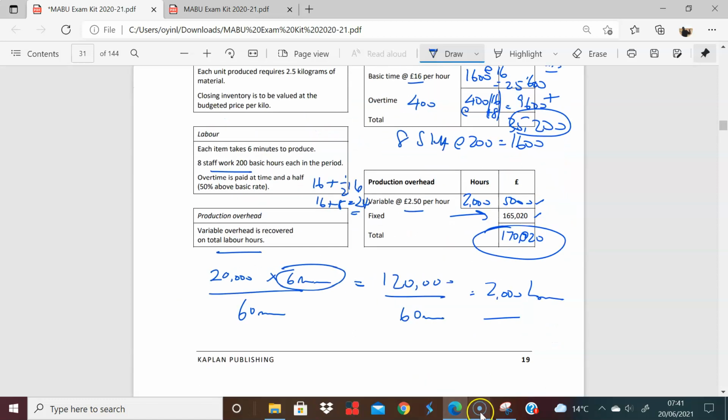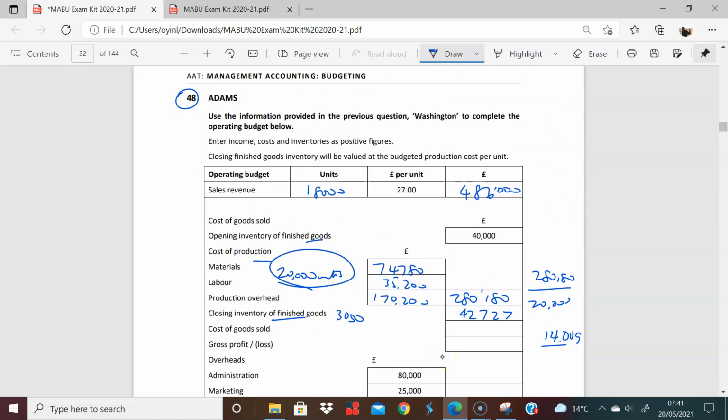It's 170,020. Forgive me, this felt a little bit off. 74,780 plus 35,200 plus 170,020 is 280,000.